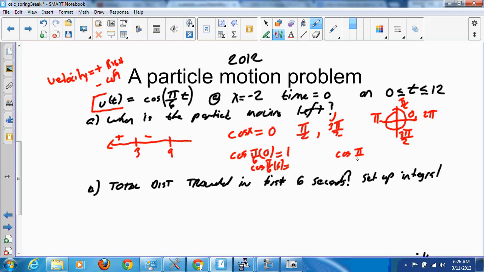So we have pi over 6 times 12, that reduces to 2 pi, where the cosine is equal to 1 right here. So it's moving to the left on the interval from 3 to 9. We could maybe just make a statement like this, and that should be sufficient right there.